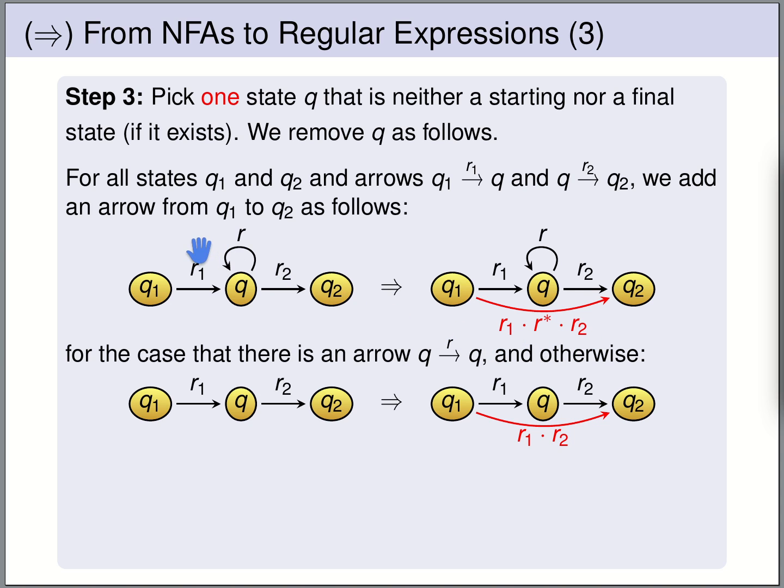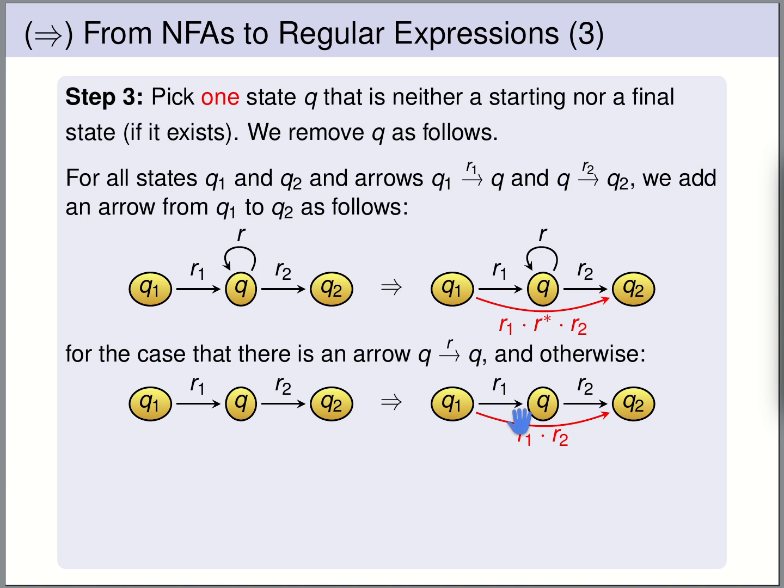R1 is the label of the incoming transition, R2 is the label of the outgoing transition, and R is the label of the loop on Q if it exists. If there's no loop on Q, then we are adding an arrow of this form where there's no R star in the middle.